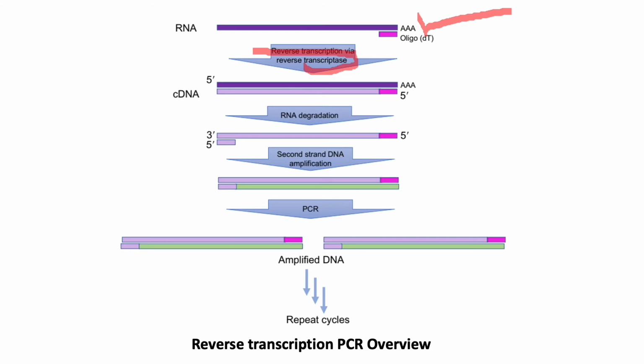Your RNA will be converted into your cDNA or your complementary DNA. And your complementary DNA will then undergo your denaturation, annealing, extension. Tama po ba? With the help of repeated cycles, dadami at dadami yan, you will produce millions or even billions of copies of your cDNA. Okay?